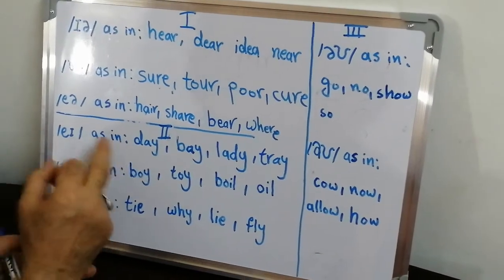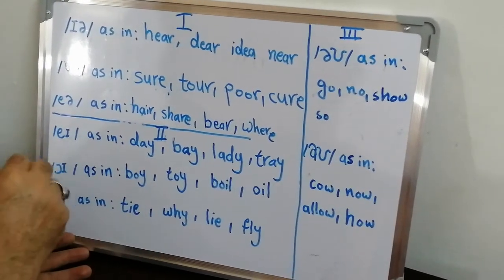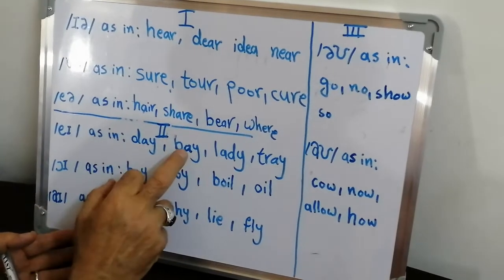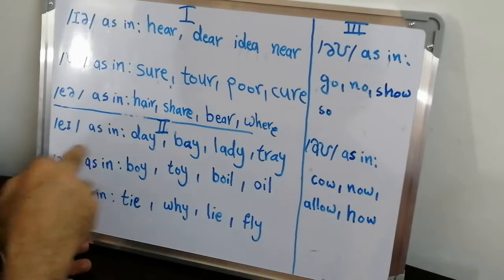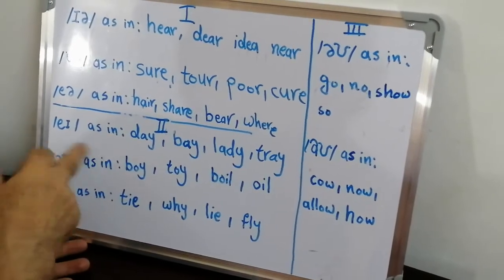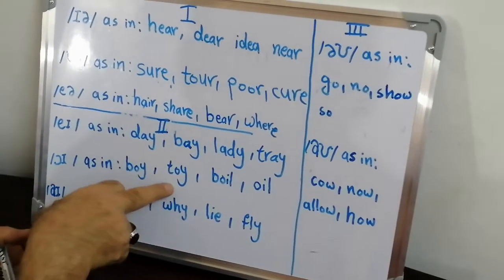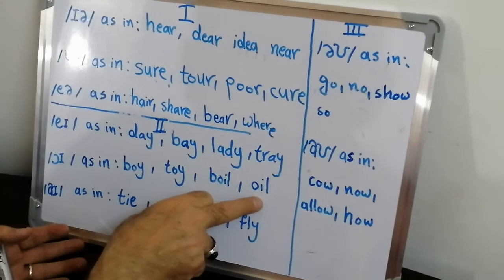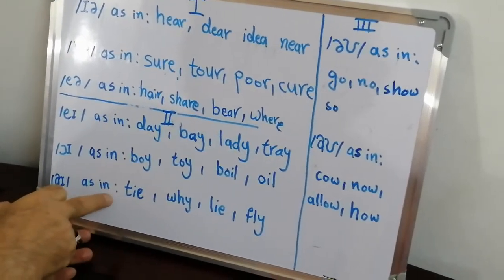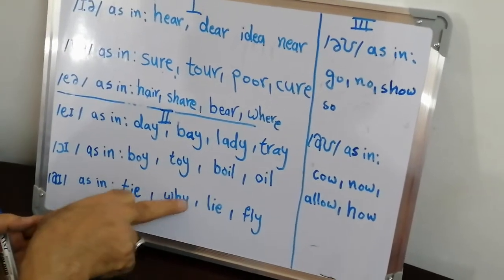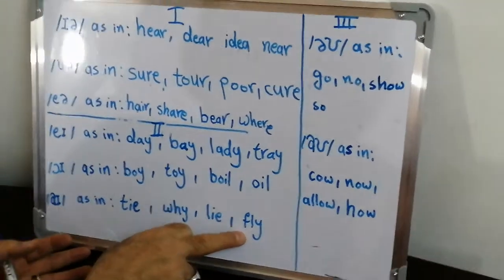This is A, as in day, bay, lady, tray. This vowel sound is boy, toy, boil, oil. This one is "eye," as in tie, why, lie, fly.